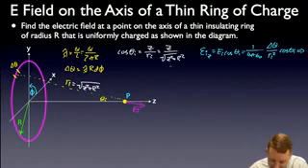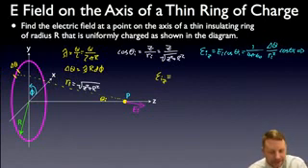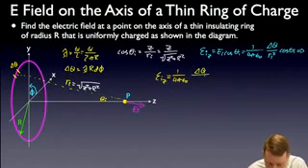So I'm going to rewrite this as Ei in the z direction is equal to 1 over 4 pi epsilon naught. We've still got our delta Q over z squared plus r squared, times cos theta i, which is z over z squared plus r squared raised to the 1/2 power.